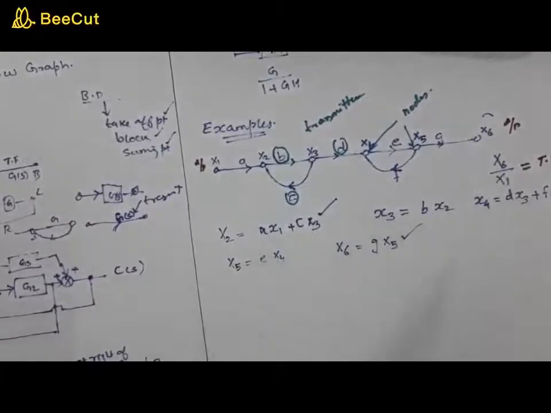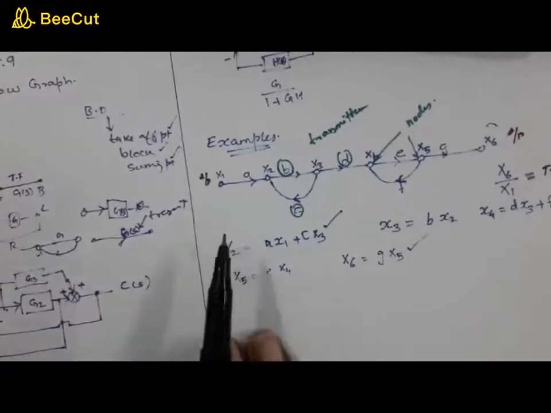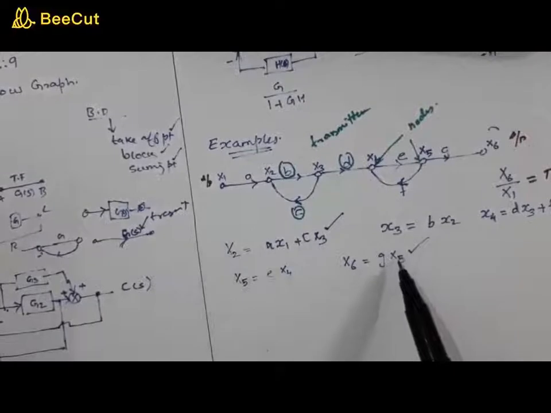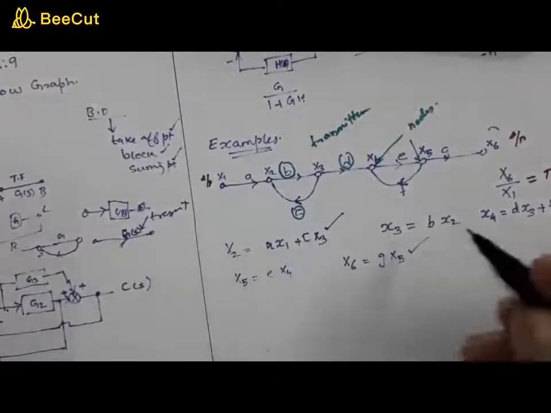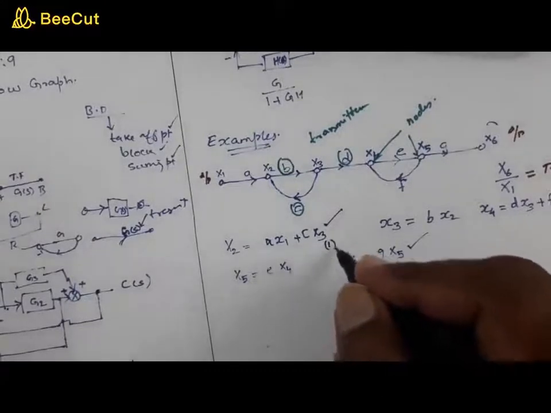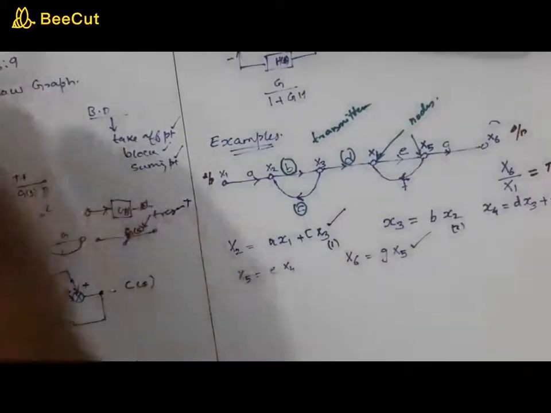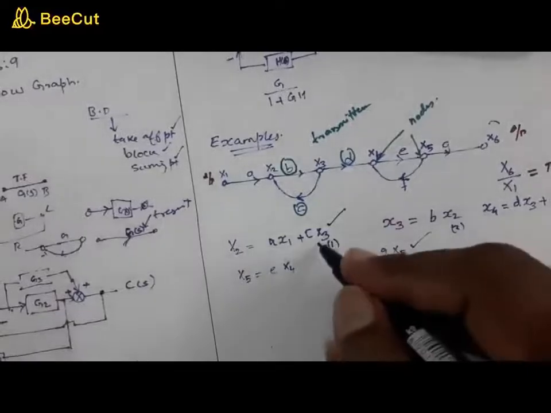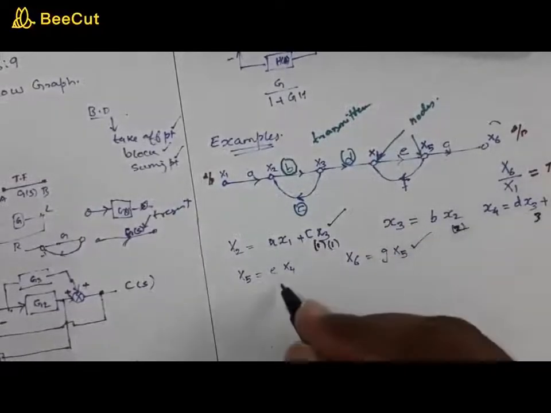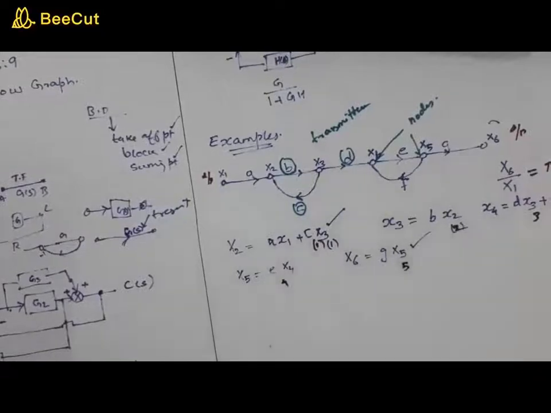Now how to eliminate them? Elimination can be done by substitution. Let us call this equation 1, this one 2, this one 3, 4 and 5.